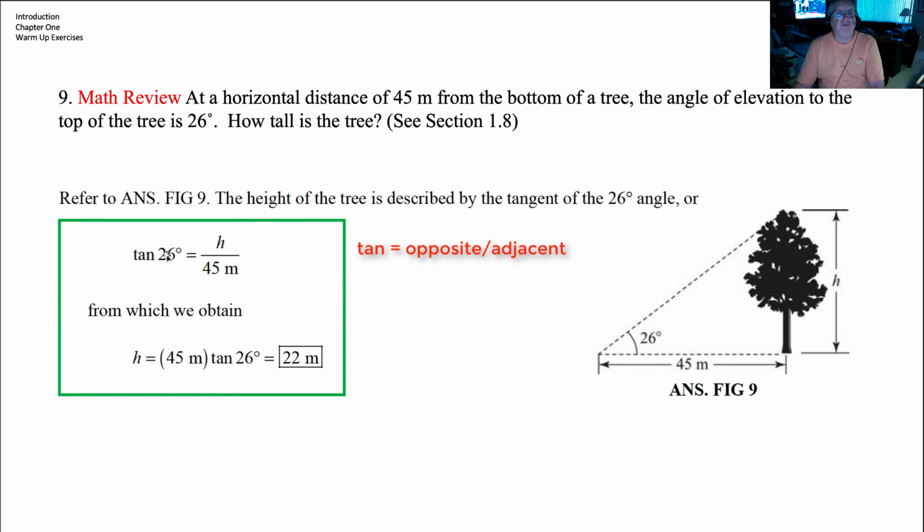What we're going to do now is move the terms around to solve for h. So if we multiply 45 meters times the tangent of 26 degrees, we get the height is equal to 45 meters times the tangent of 26 degrees, which gives us 22 meters.